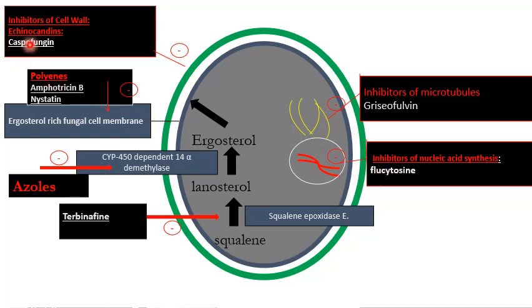So, caspofungin acts as a cell wall synthesis inhibitor. Terbinafine, azoles, and polyenes are cell membrane inhibitors. Cytosine is a nucleic acid inhibitor and griseofulvin is a microtubule inhibitor.